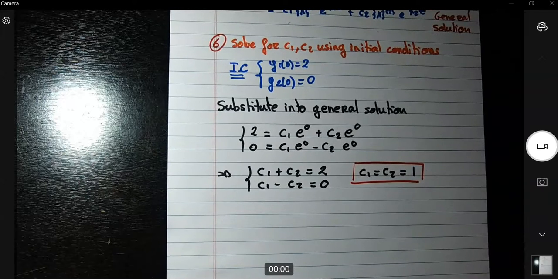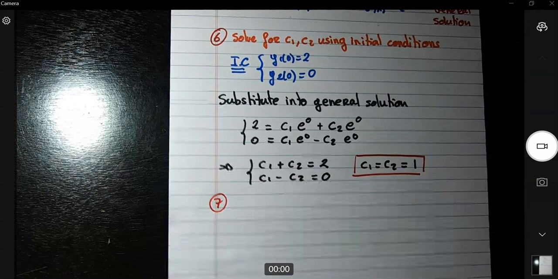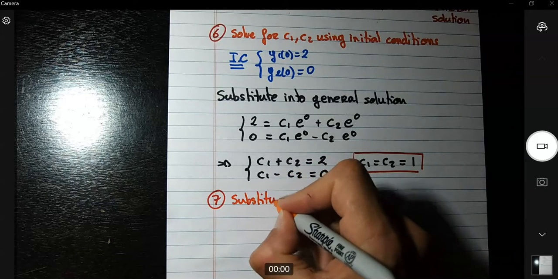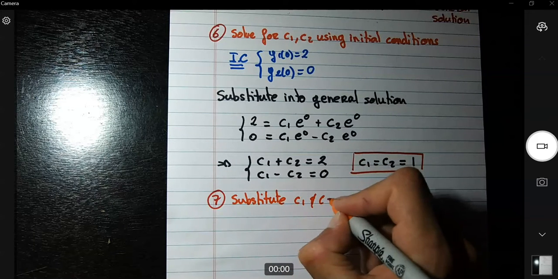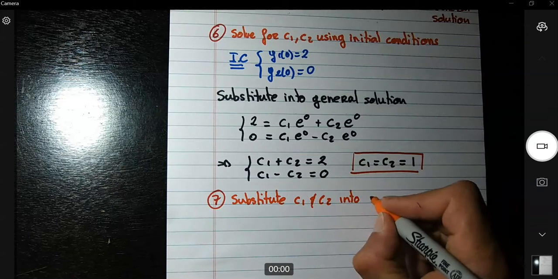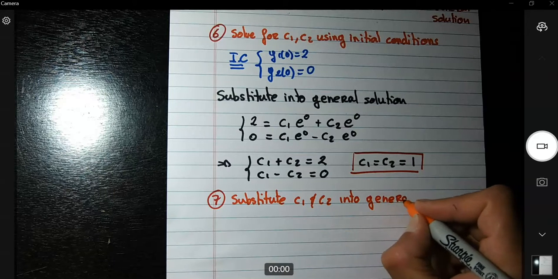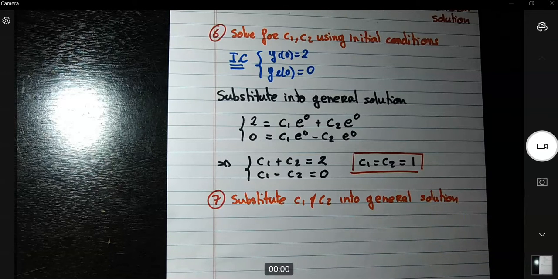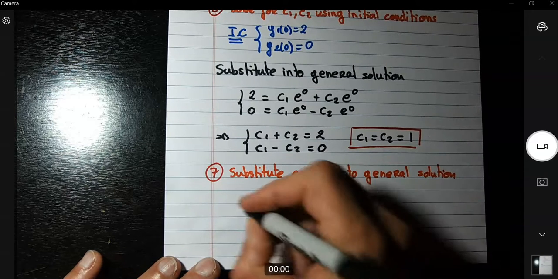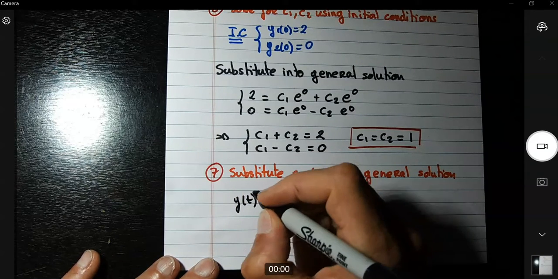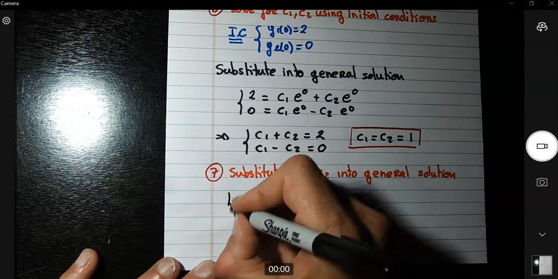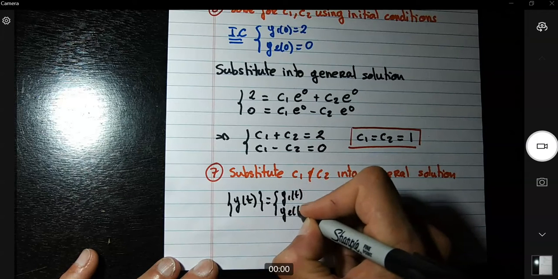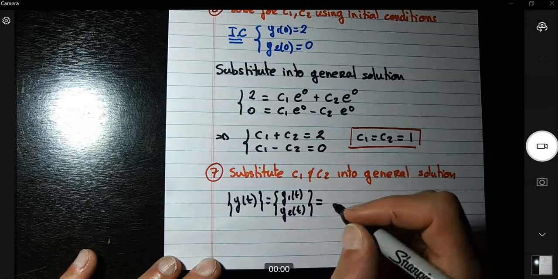Okay, so now finally the last step will be to substitute C1 and C2 into the general solution. So what you're going to get is y of t, which is equal to y1 of t, y2 of t, will be equal to what?